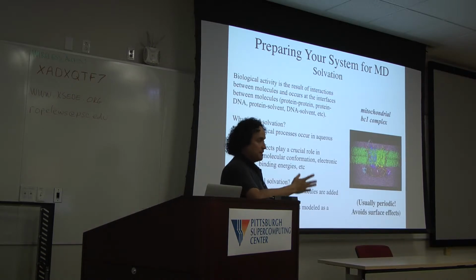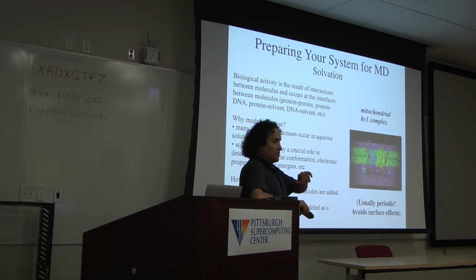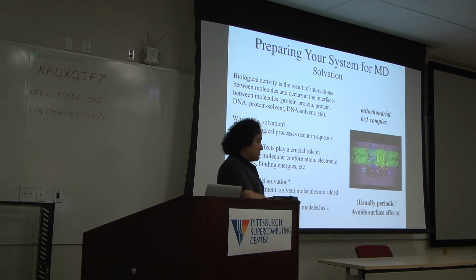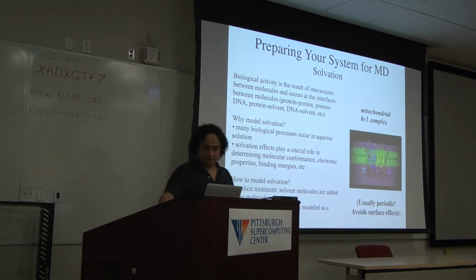You prepare your system as you always do, and then you just tell NAMD not to use PME but to use multilevel summation, which just replaces the way the electrostatics are calculated. It's as accurate, and the performance is the same. So that's something new that you guys might want to explore.